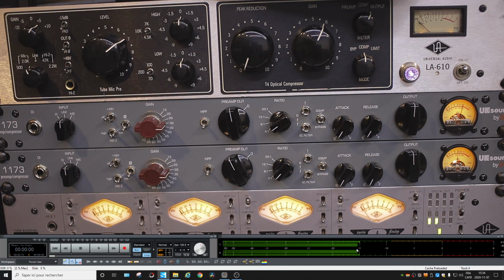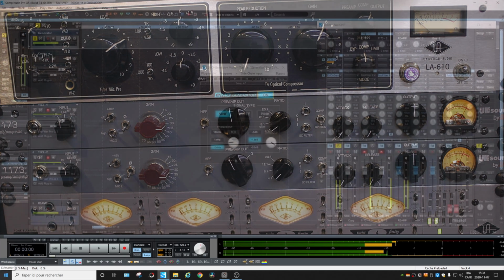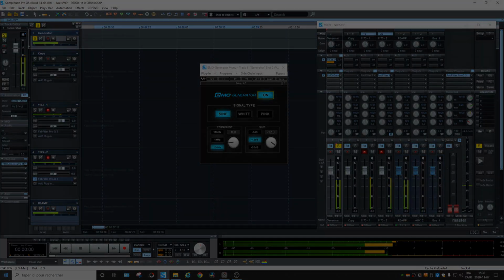And if we deactivate the compressor, we still see a difference.